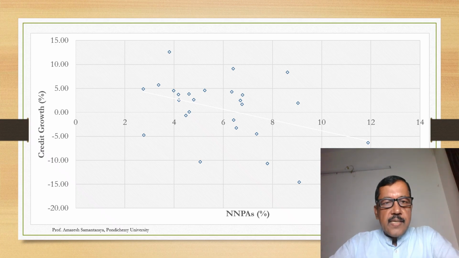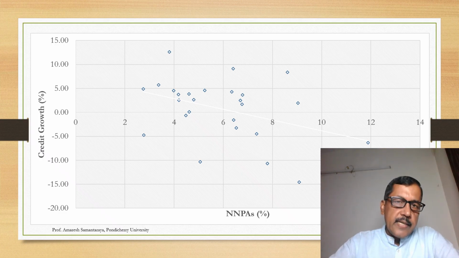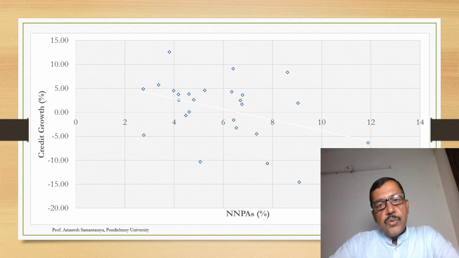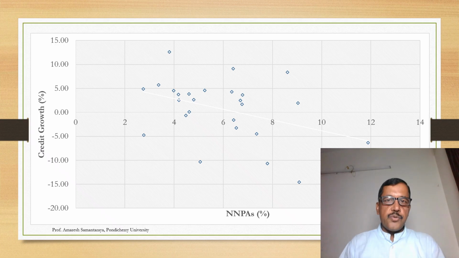So the question is, do the NPA levels of banks impact their credit growth? If there is an impact, is it positive or negative? That is the research question we are asking.